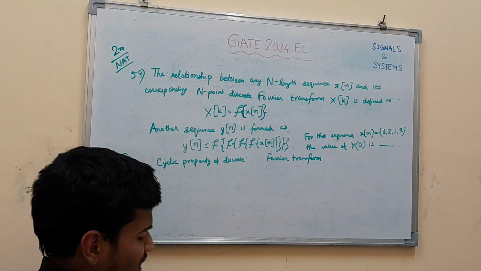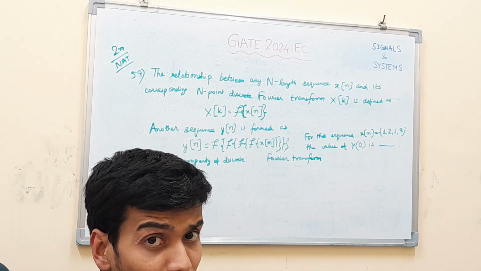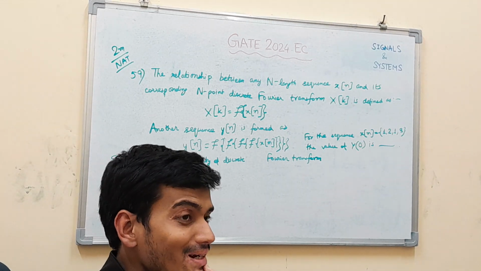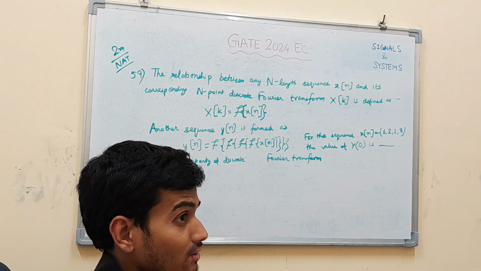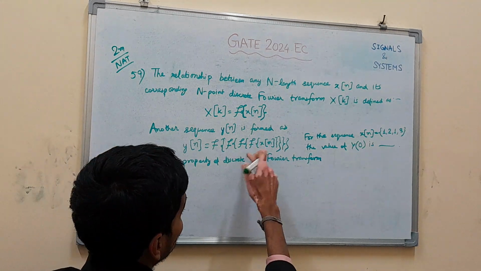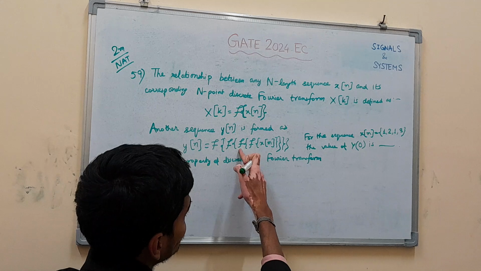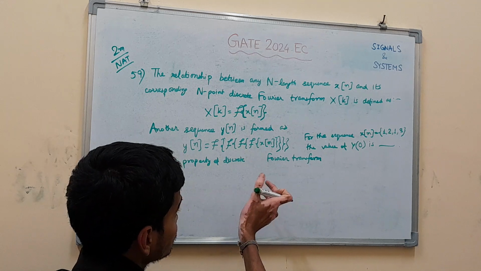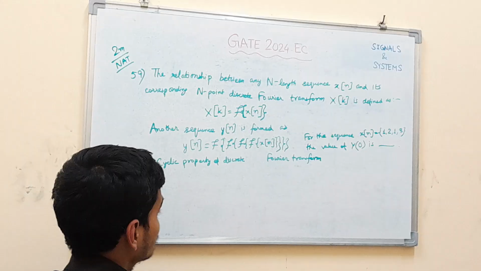The cyclic property is very easy actually. We have to manipulate the inverse function in the multiple times occurring Fourier transform in such a way that it comes in the form of inverse.